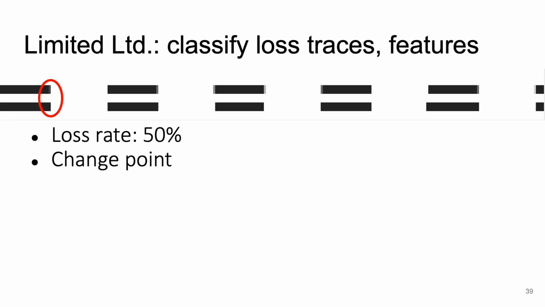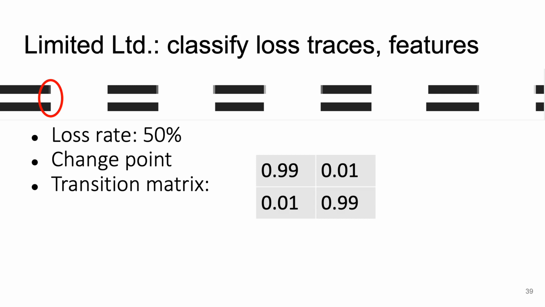We also chose the change point as a feature because here we have observed that the two IP interfaces are changing their behavior from responsive to non-responsive at the same time. We also extracted as a feature the transition matrix from this time series. And we also computed the correlation between those two time series and used it as a feature.